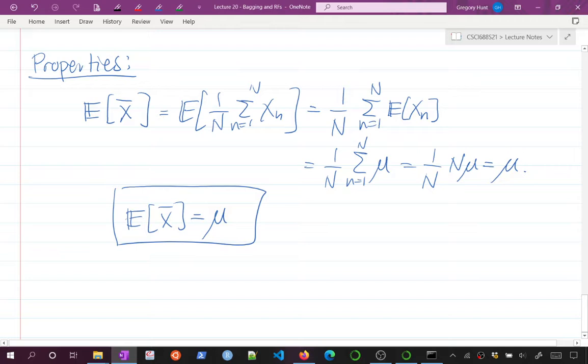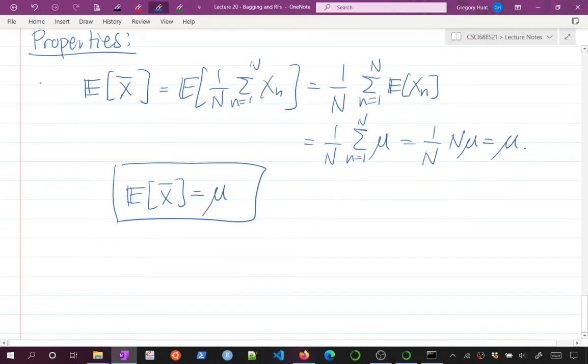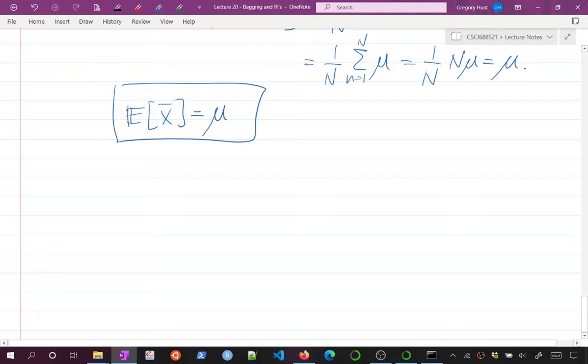If on average the x sub n's are mu, then if I average them, the expectation will also be mu. So that's property 1 of arithmetic means.